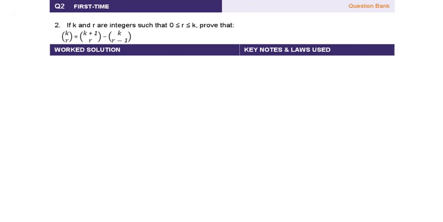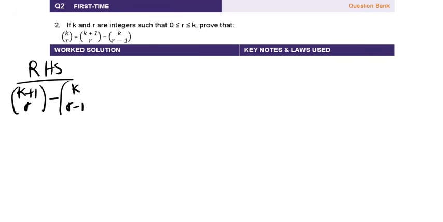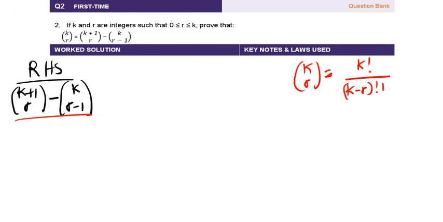So we have the right hand side, which is k plus 1 choose r, minus k choose r minus 1. Now one thing I want you to understand is this: we want to prove that this is equal to k choose r, but k choose r is the same as k factorial divided by k minus r factorial times r factorial.